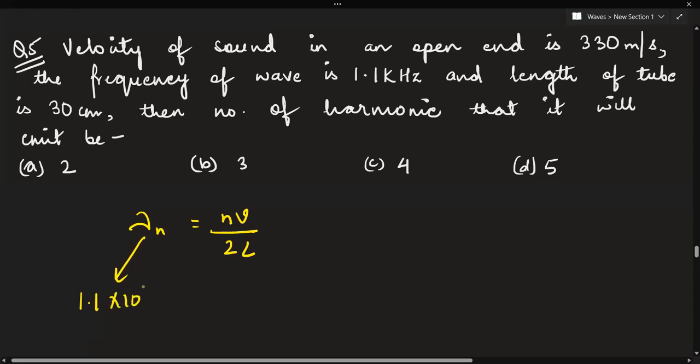This is into 10 to the power 3 hertz. n we don't know. Velocity is given 300 meter per second. Length of the tube is 30 centimeters. So I think you don't even need to calculate much. Just check what is the value of n coming out of all the options. Which answer is right? We just have to find out n.